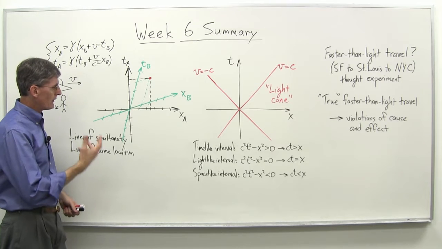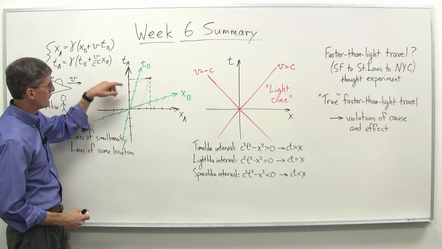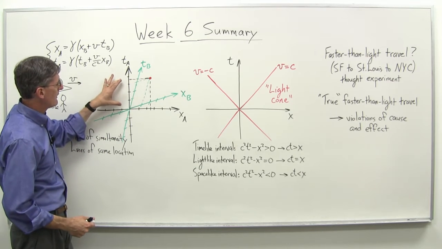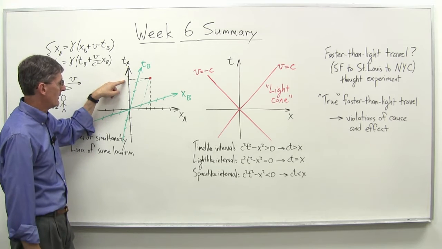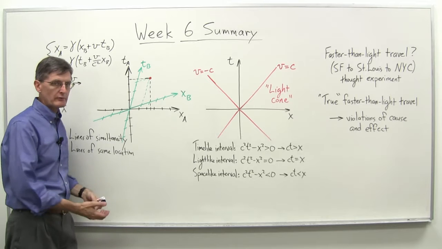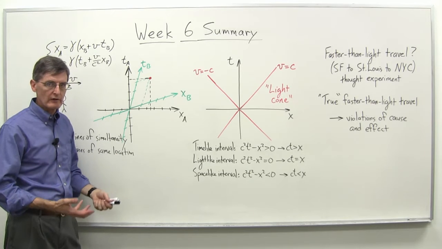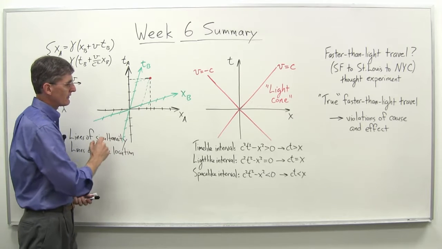We also noted that you can see time dilation on here, because for this event, Alice is reading the time at about 3.5, while for Bob, the time is 3. Alice, observing Bob's clock, would see it running slow: time dilation. The same goes for length contraction.